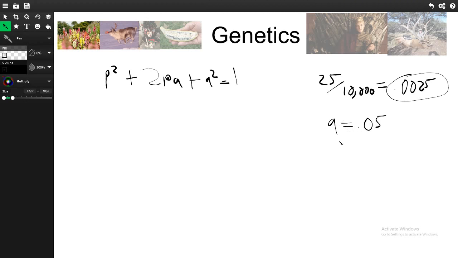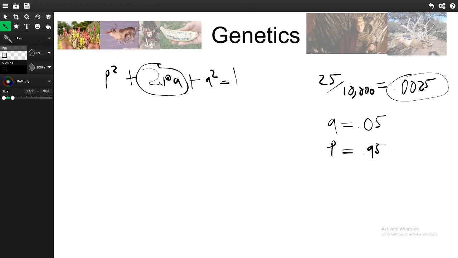And then we can say that the dominant allele, P, would be the remaining 95%, or 0.95. So if we know the allele frequencies for P and Q, we can solve for any genotype. This is what we want, because this will give us the heterozygote frequency.